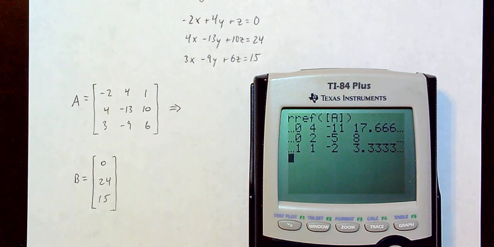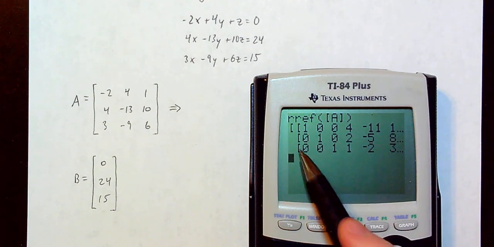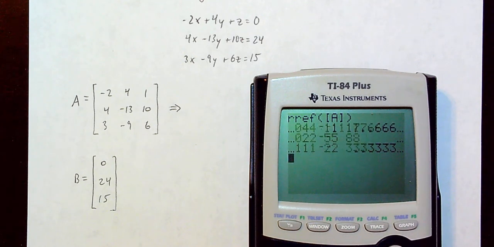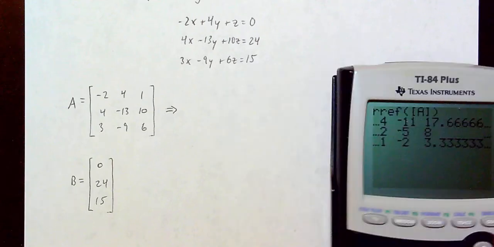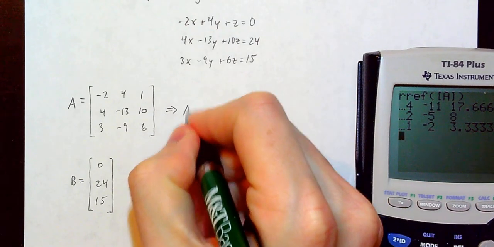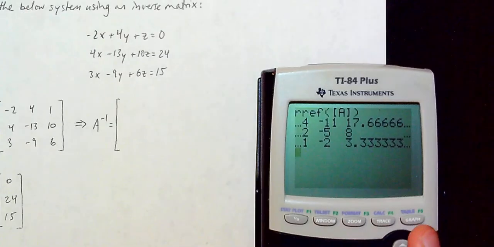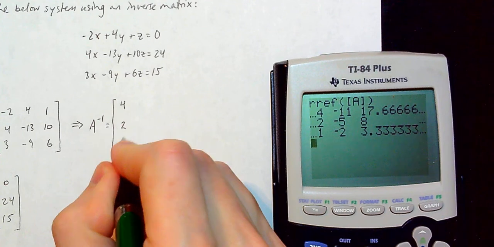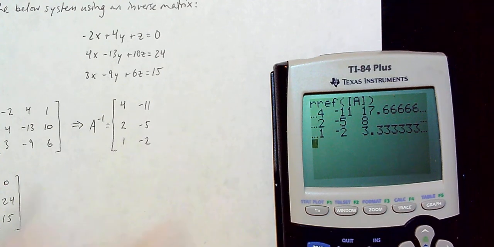And again, note that I'm only concerned about the stuff that's to the right of the 3 by 3 identity matrix. Here's your 3 by 3 identity matrix happening right there. So I'm looking at everything to the right of that, beginning with the 4, 2, 1, and going over to the right. So this means that my inverse matrix A is going to be 4, 2, 1, negative 11, negative 5, and negative 2.